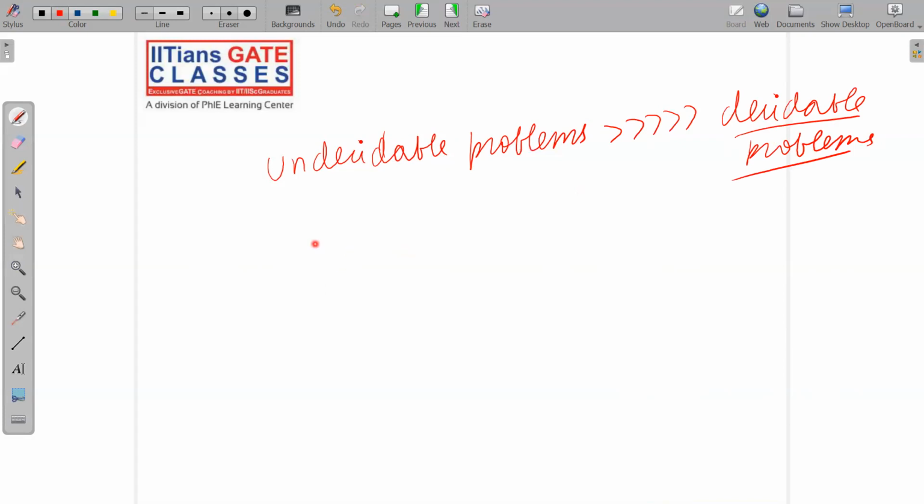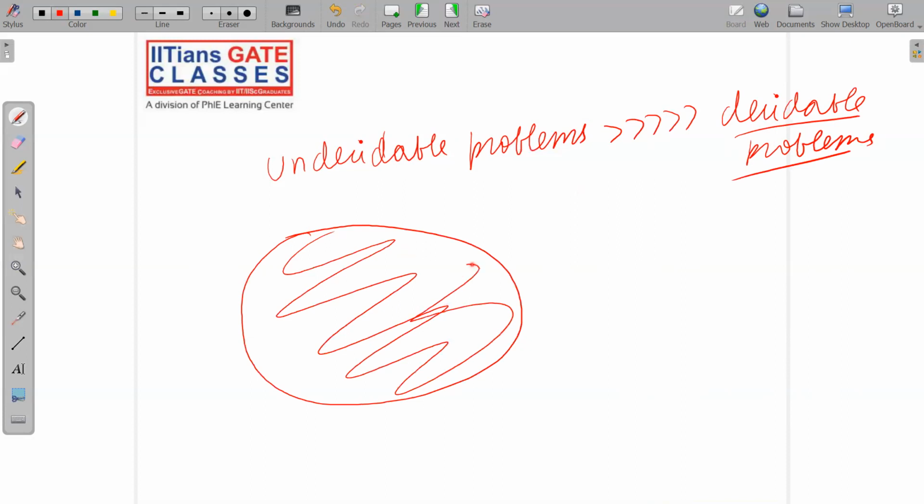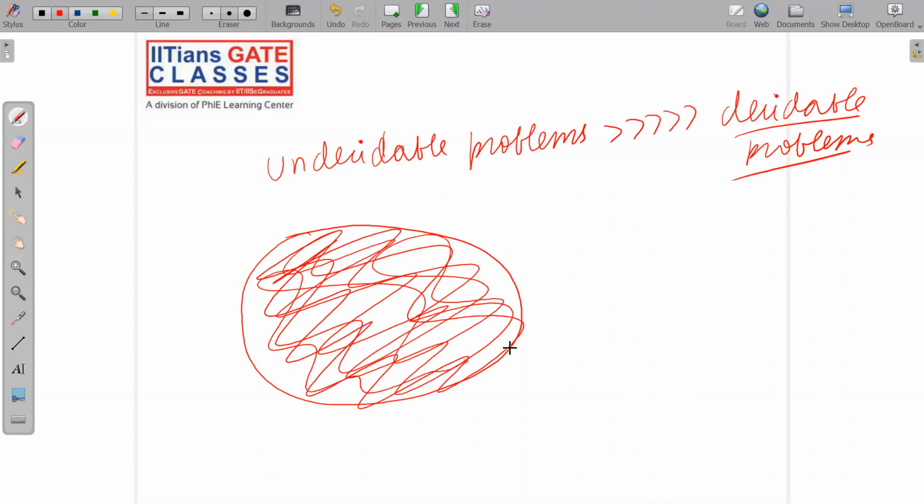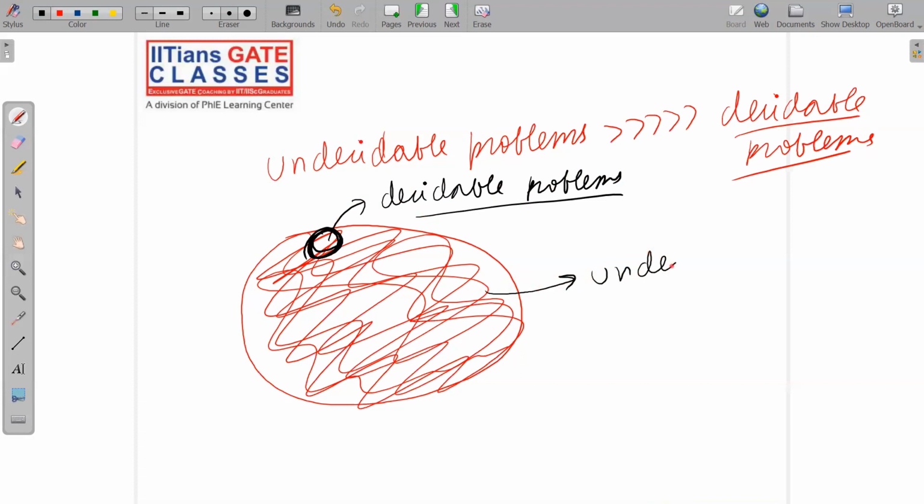You can think of it like this: this is a sea filled with water, and these are all undecidable problems. You take a bucket of water from this sea, and that is the decidable problems. So decidable problems are just a bucket filled with water, and undecidable problems are the entire sea.